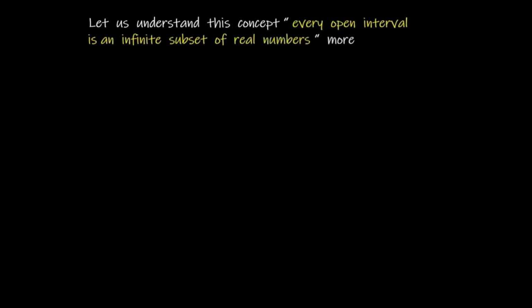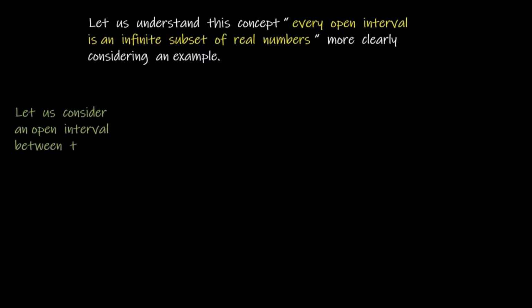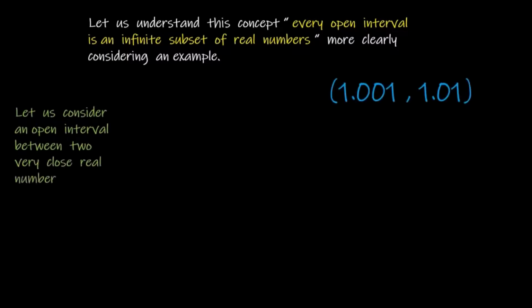Let us understand this concept, that every open interval is an infinite subset of real numbers, more clearly by considering an example. Let us consider an open interval between the two very close points 1.001 and 1.01.